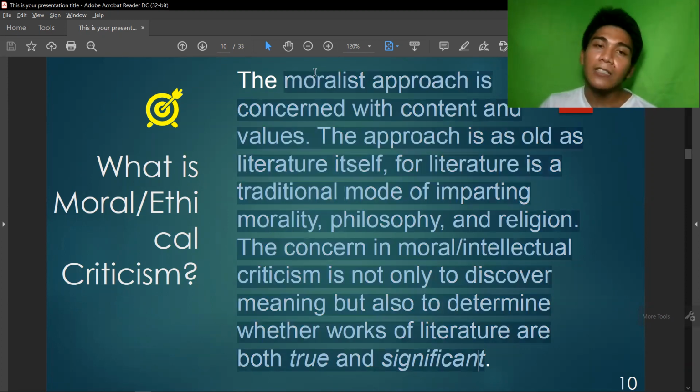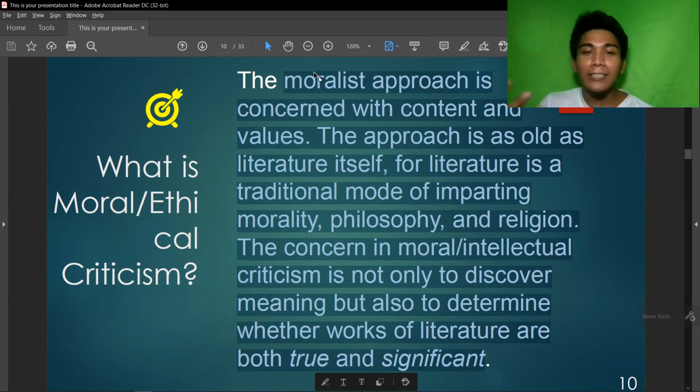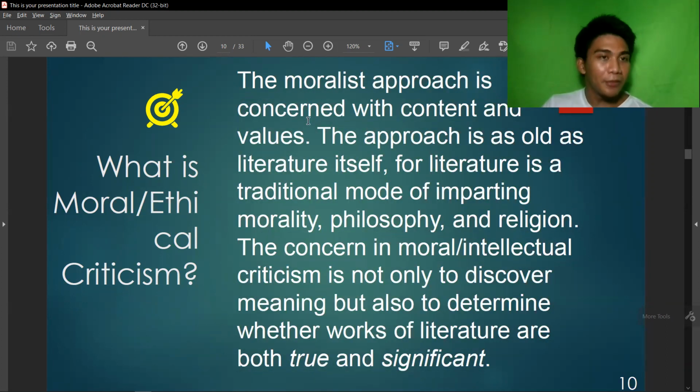So basically, in the moralist approach, we look at literature as a way to impart morality. For example, we look at the lessons and the decisions of the characters and see what is moral and immoral. So that is moral criticism.